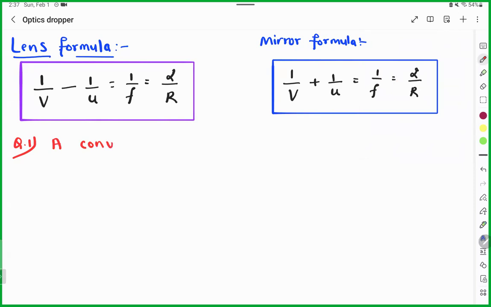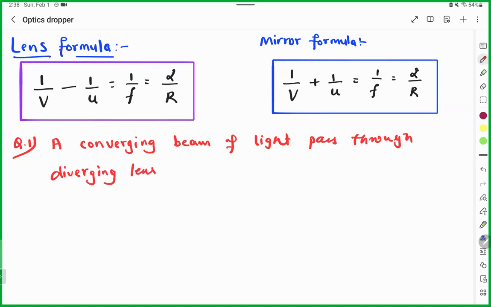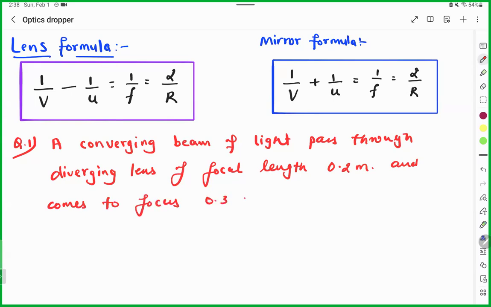A converging beam of light passes through a diverging lens of focal length 0.2 meter and comes to focus 0.3 meter behind the lens.